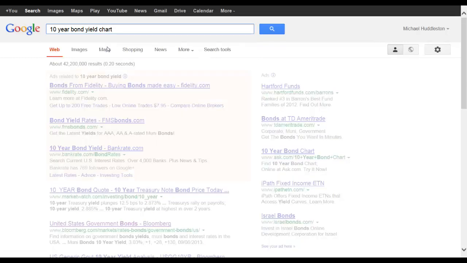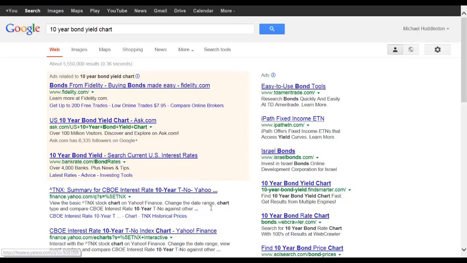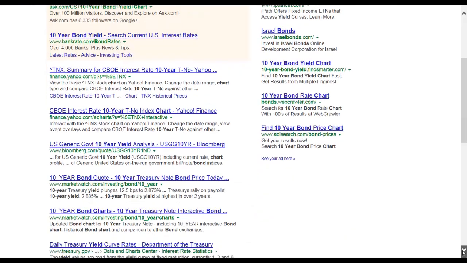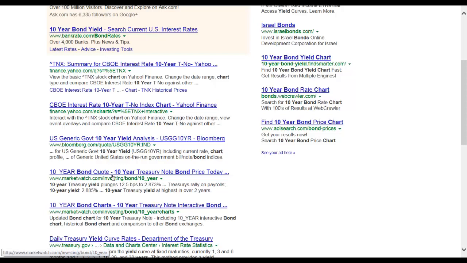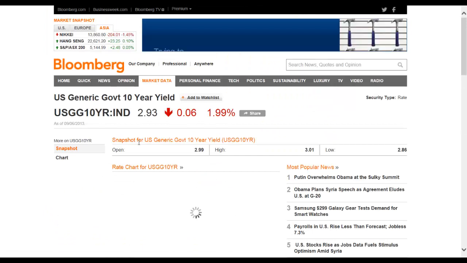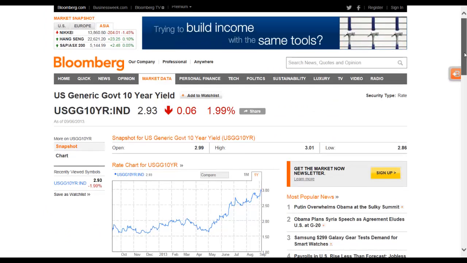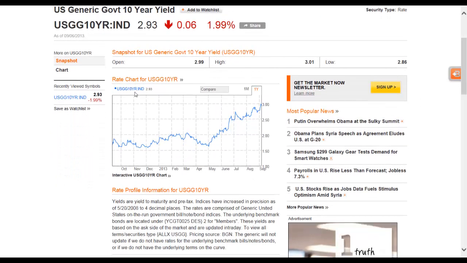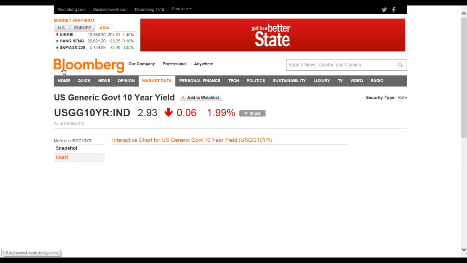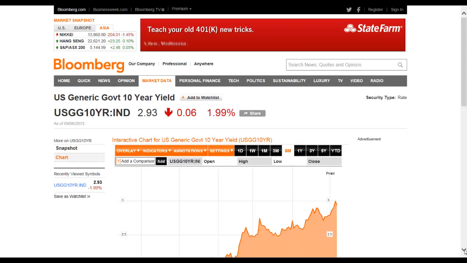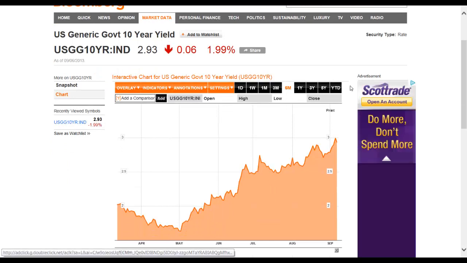When you click on that, you're going to look in the list for U.S. generic government 10-year yield analysis. When you see that, scroll down just a little bit. You want to go to your chart here, not a snapshot. You want to go to chart, and just do a year.